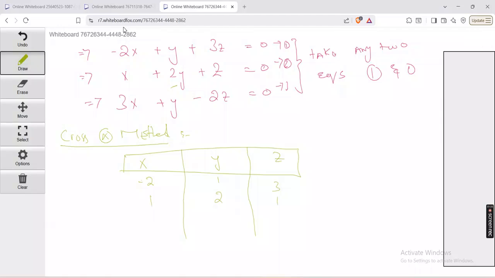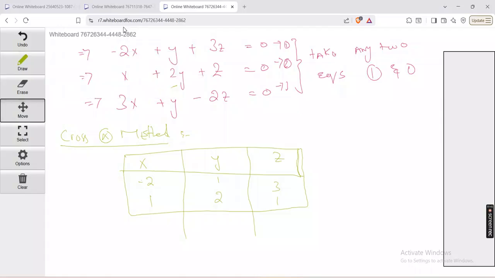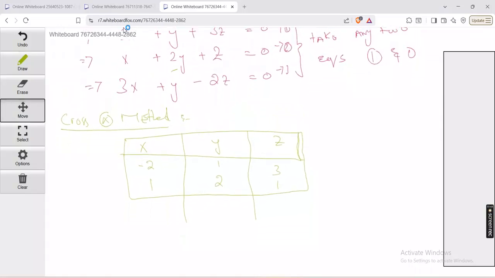Now I'll close this one. Okay. Now I have to do cross multiplication. Now I'm finding the value for x.